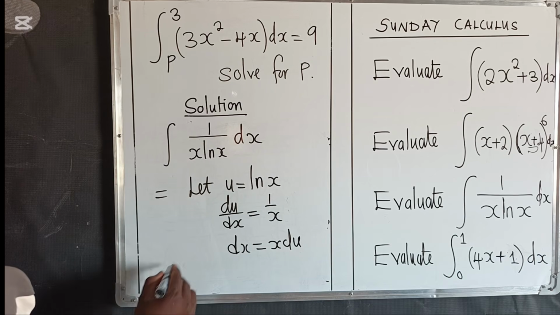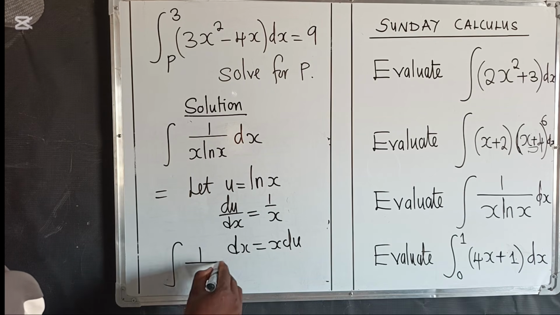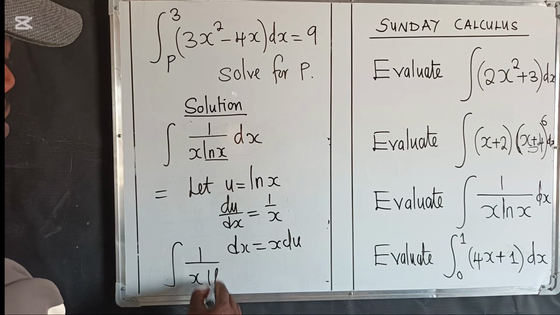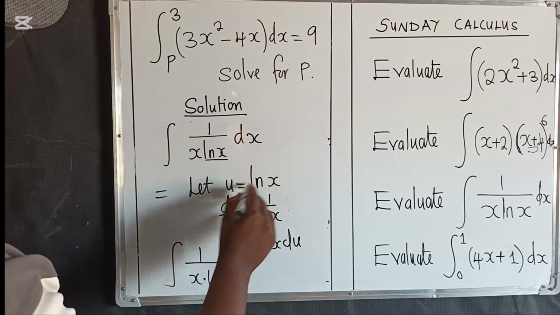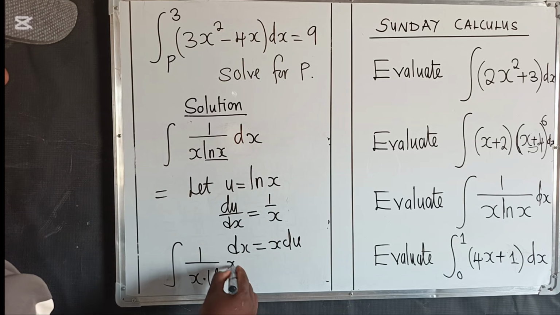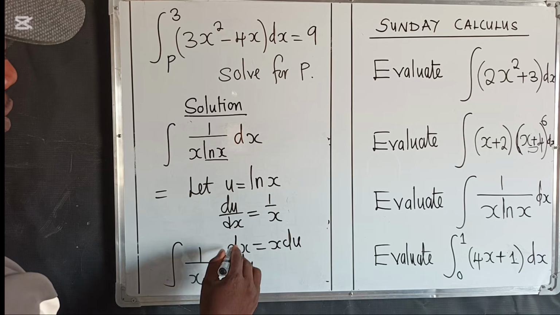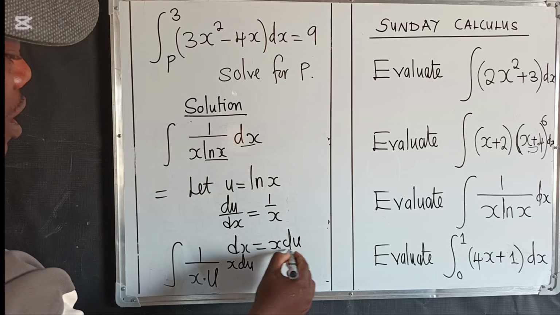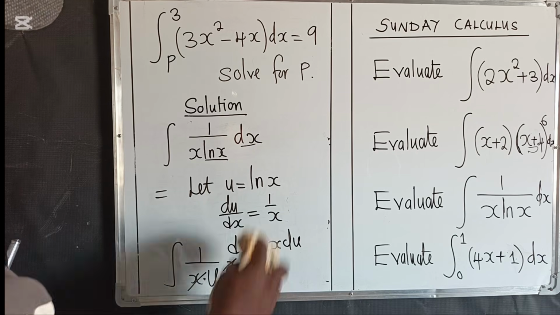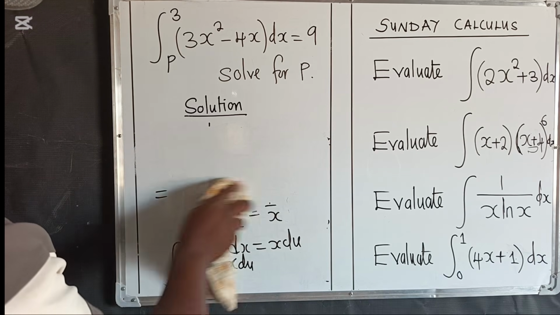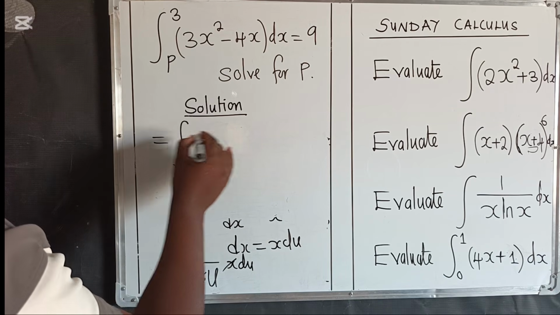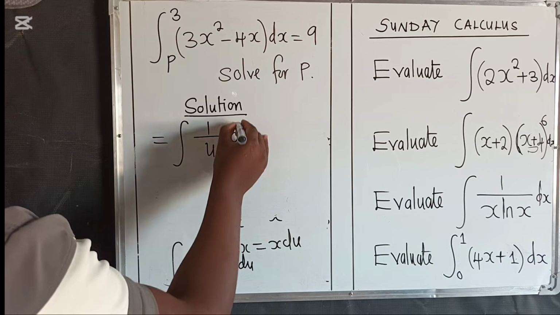Okay, so now we can substitute back. We've got 1 over x. Now where there is ln x here, we're going to write u, because we said let u be equal to ln x. And then in place of dx here, we shall write x du. So this x and x will go. We shall remain with the integral of 1 over u du.